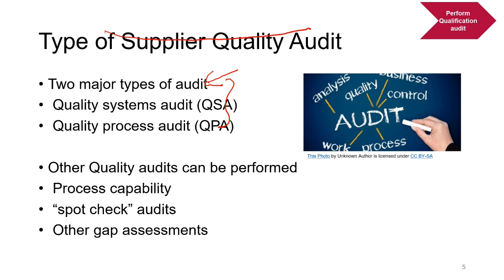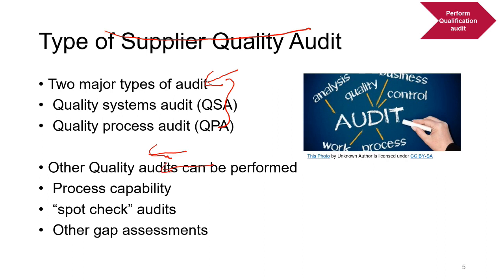Other quality audits that can be performed are process capability audits, which assess specific capability of process inputs such as the machine, whether they are capable to produce certain types of parts with certain requirements.